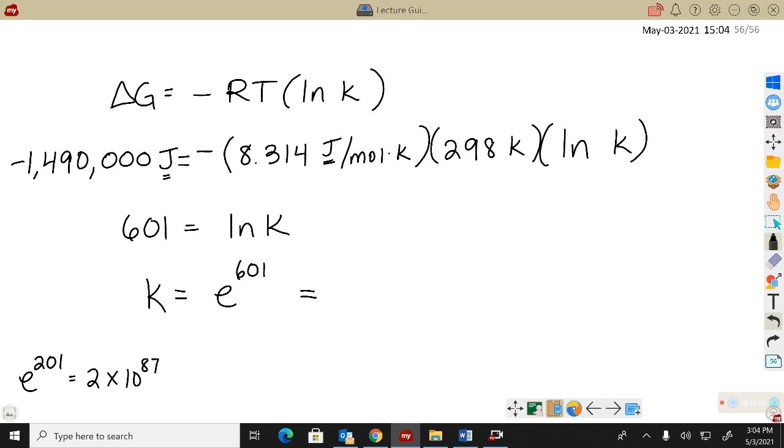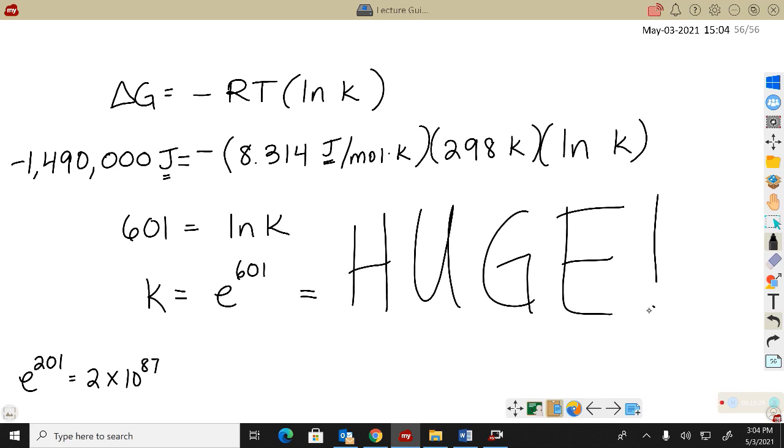So my calculator is giving me an error, and maybe we can just say that K is huge. K is ginormous. It's so big it doesn't fit in my calculator. K is going to be bigger than 10 to the 87th power.